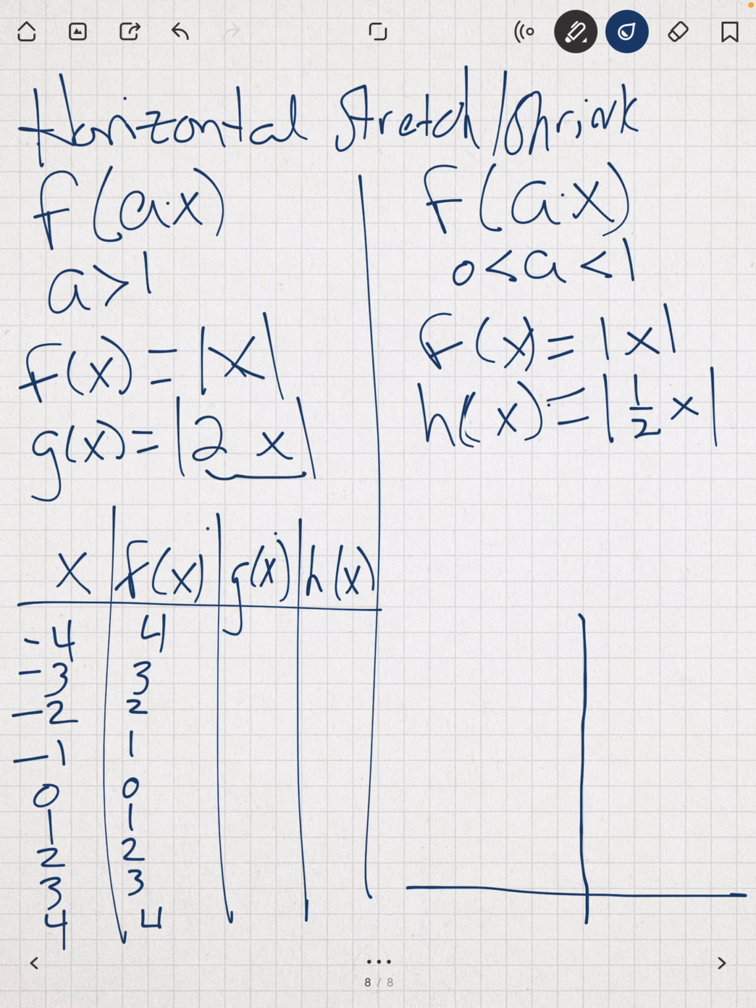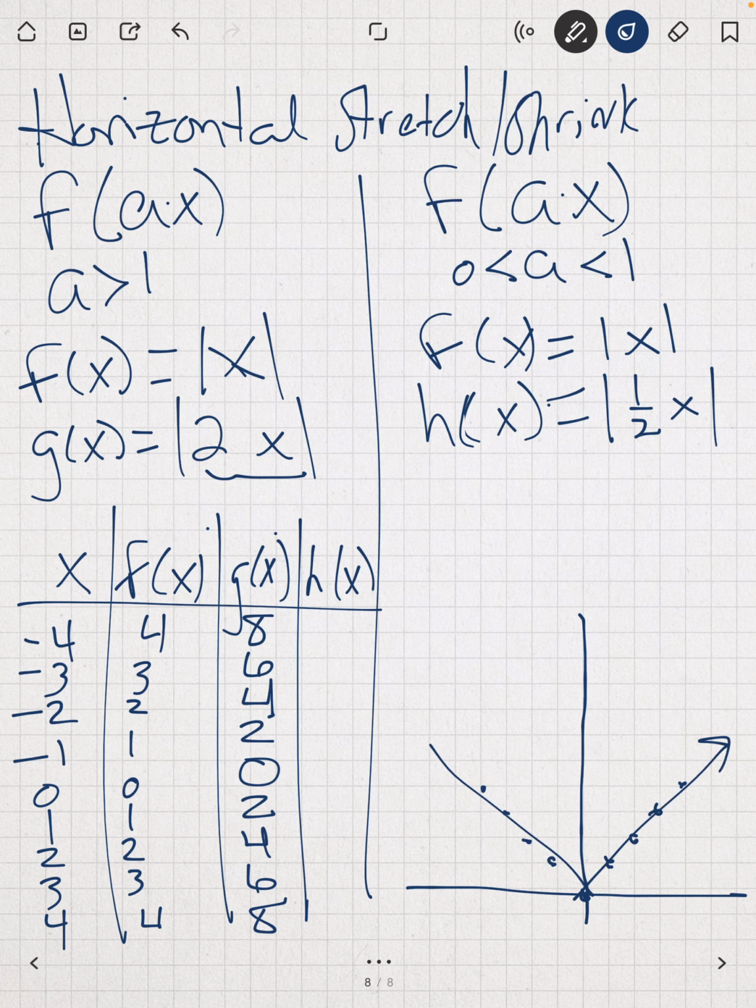So 2 times -4 is -8. 2 times -3 is -6. 2 times -2 is -4. 2 times -1 is -2. 2 times 0 is 0. 2 times 1 is 2. 2 times 2 is 4. 6 and 8. So if I graph my original f of x function, it looks something like this.